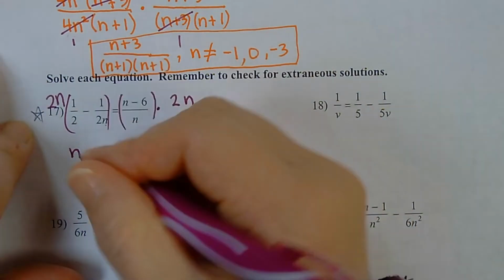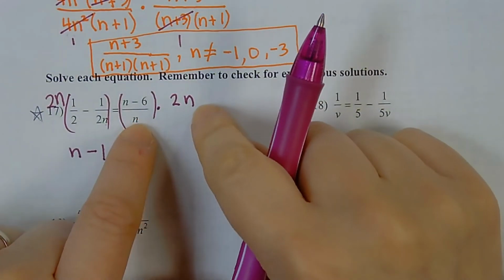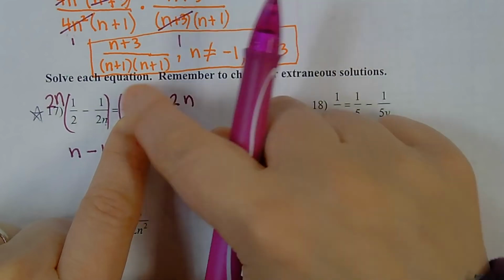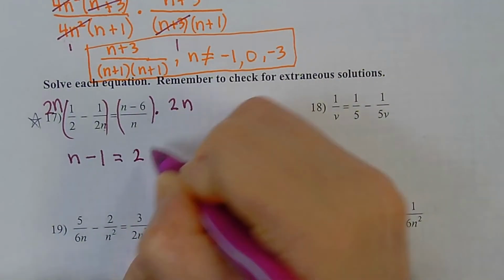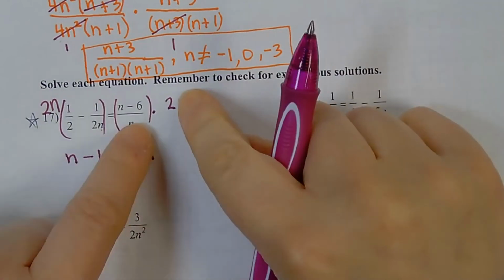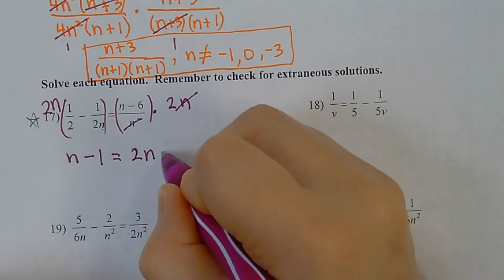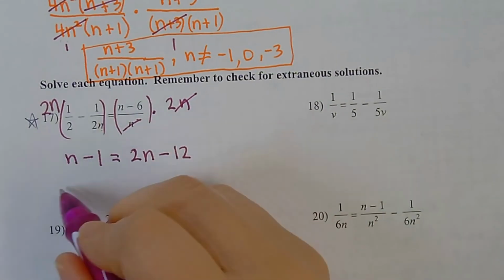So all I have left is just minus 1 is equal to, over here, my n's are going to cancel out, and all I have left is a 2. So it's going to be 2 times n. So I'm going to distribute the 2. 2 times n is 2n. And then 2 times 6 is going to be minus 12.